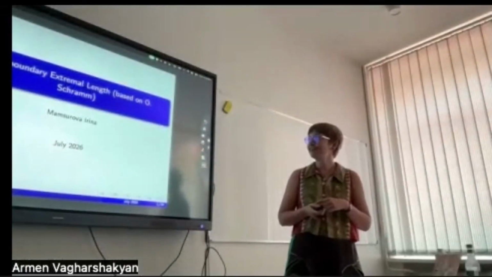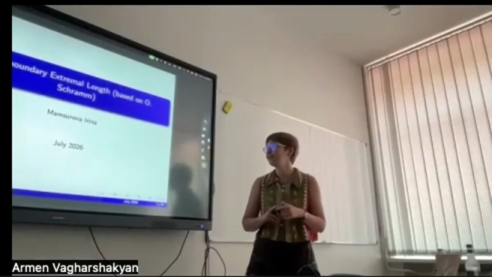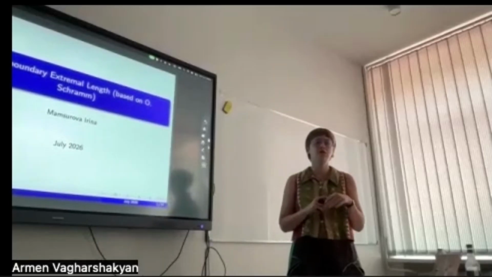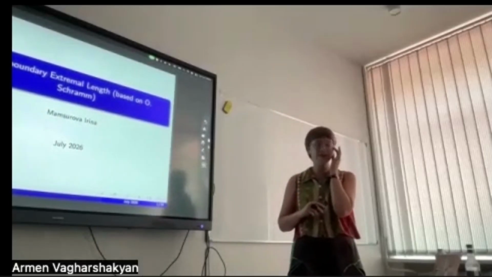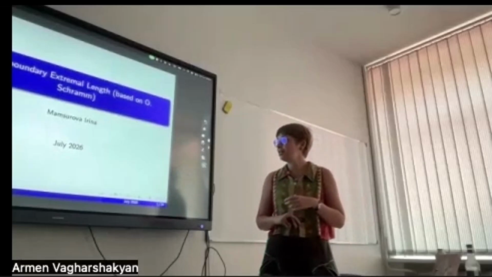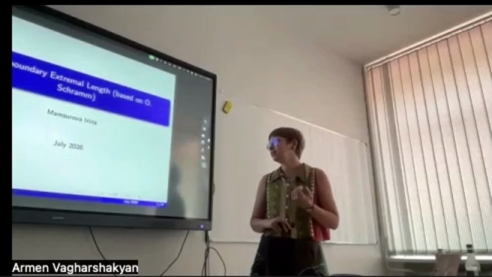And sorry, I don't have fancy slides as Leo, but I will try to explain what's going on in Oded Schramm's article, which is called Transboundary Extremal Length. Actually, it's the first paper where this notion is presented.